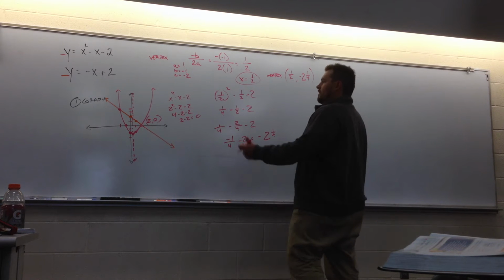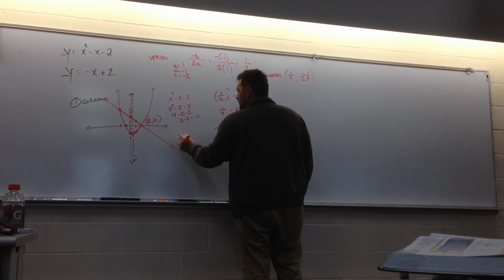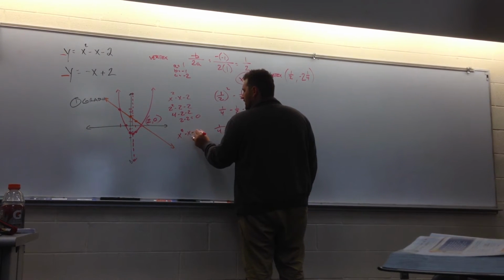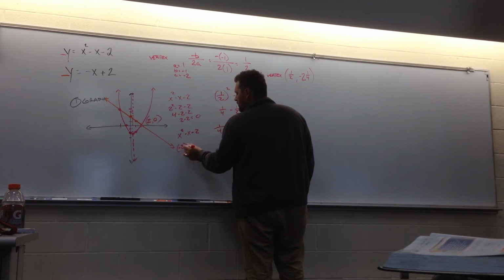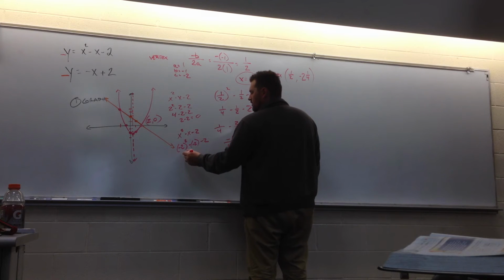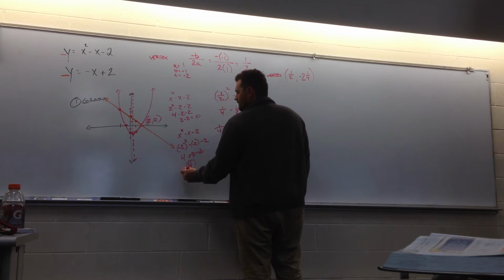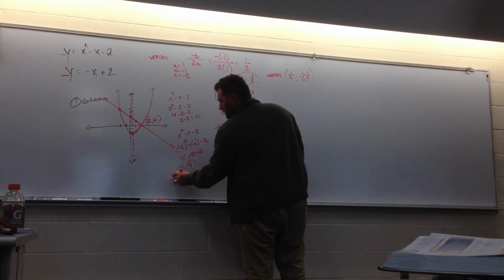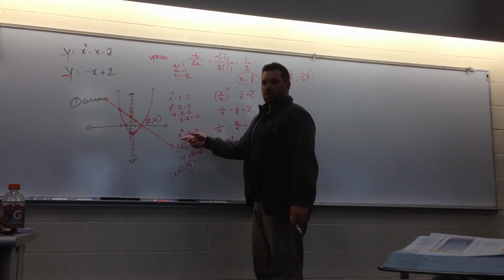Okay? So if you plug in negative 2 into x squared minus x minus 2, you get negative 2 squared minus negative 2 minus 2. 4 plus 2 minus 2, just 4, right? So negative 2, 4. I know that that goes through this.